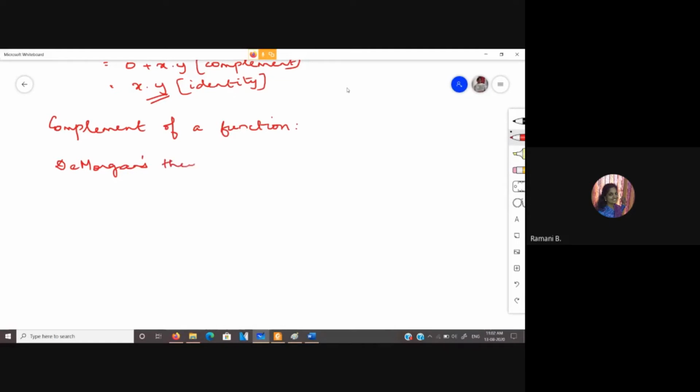So De Morgan's theorem helps us in finding this complement. So we have two De Morgan's theorem. The first one is x plus y the whole bar is equal to x bar dot y bar, and the second one is x dot y the whole bar is equal to x bar plus y bar.